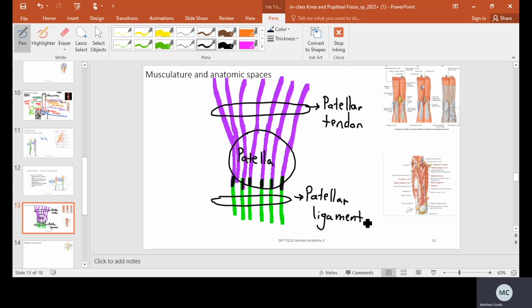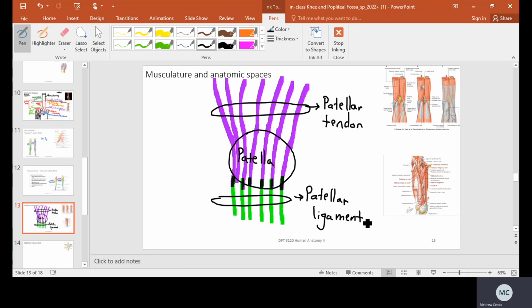So if the flag is placed superior to the patella, that would be called the patella or patellar tendon. If it is placed inferior to the patella, that would be the patellar ligament. Okay?